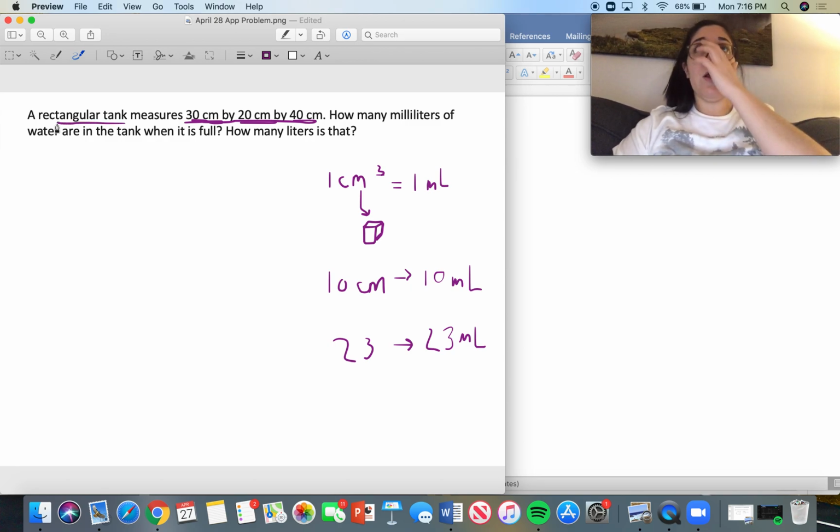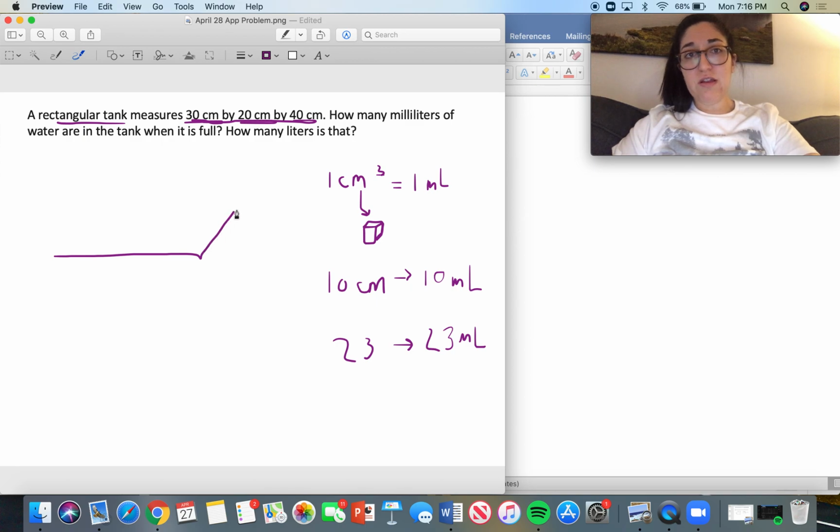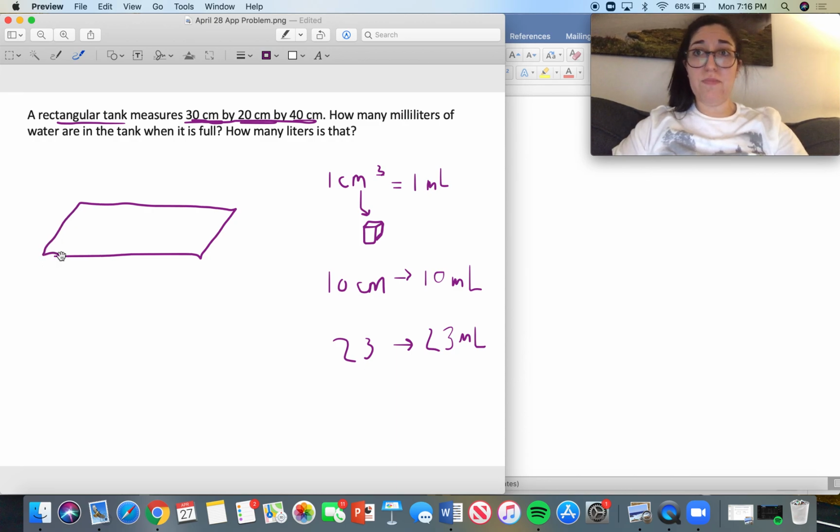Let's imagine that we're making a tank for a turtle. I'm going to make it 30 centimeters long and 20 centimeters wide. So now I have the base, right? We talked about the surface area.